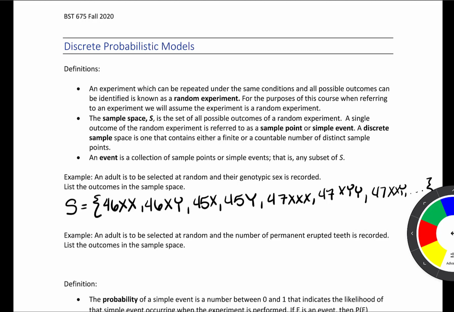So again, we're going to list the outcomes in our sample space. There are 32 permanent teeth in the adult mouth. So if we're looking at the number of erupted teeth, it could be possible that that randomly selected person has 0, 1, 2, 3, all the way up to 32.